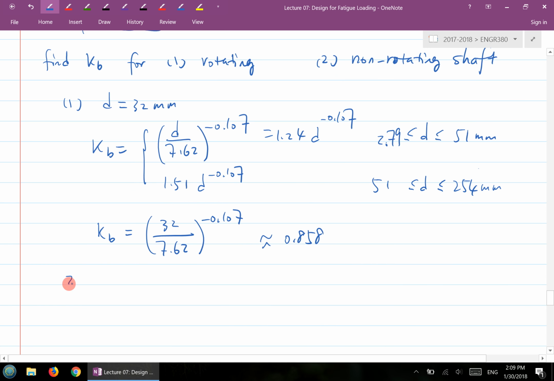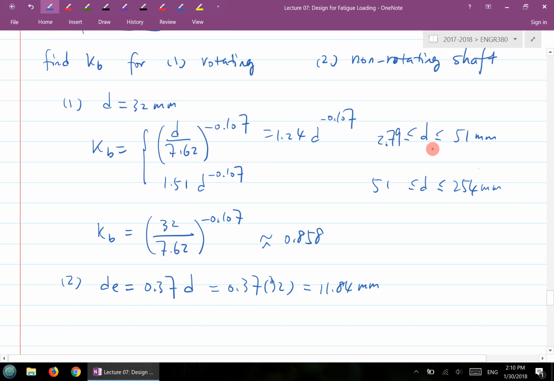And if the second case, if the same shaft not rotating, but there is a reversed bending, right? Reversed bending, complete reverse bending. Then, according to our formula, we need to calculate this equivalent diameter DE first. So 37 times 32, and this is equal to 11.84 millimeter. Okay.